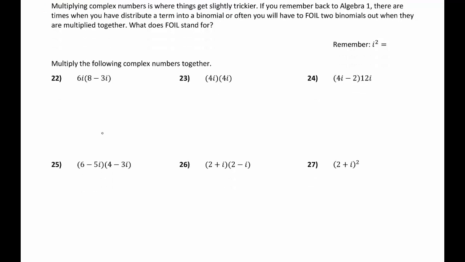Okay, multiplying complex numbers is maybe a smidge trickier, but it's not something that you haven't done before. And in fact, it involves kind of a fun acronym to make sure that you are multiplying all the pieces together that need to go together. Because complex numbers have two parts in them, first part, second part, a plus bi, and then you could potentially be multiplying by a second group, a third thing and a fourth thing, a plus bi again, you need to make sure that everybody gets multiplied everywhere.